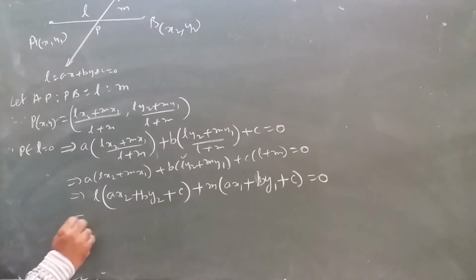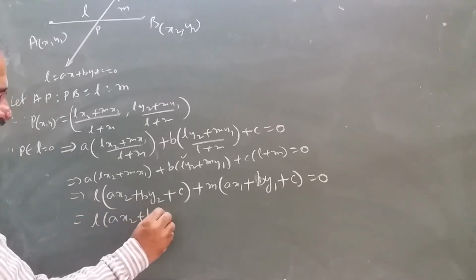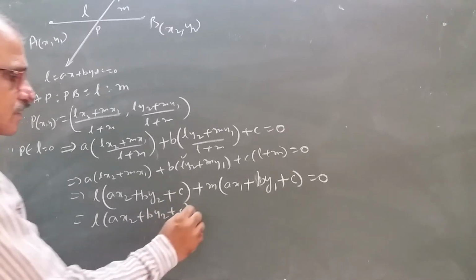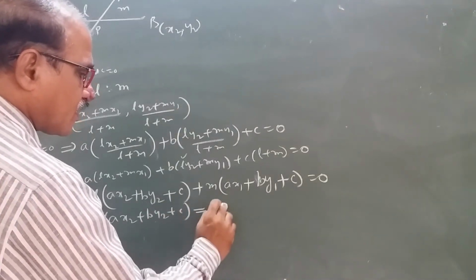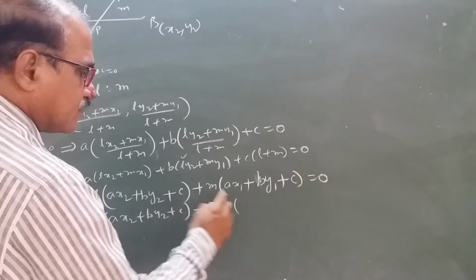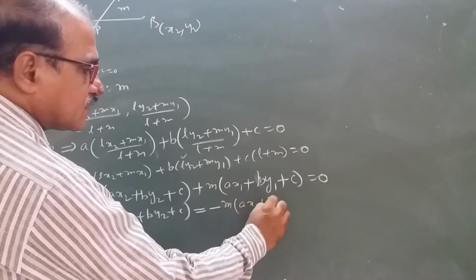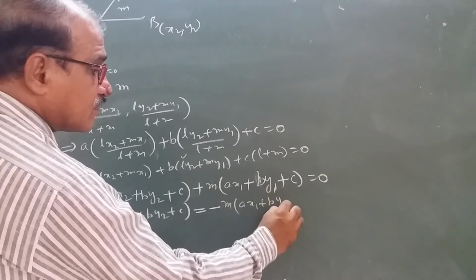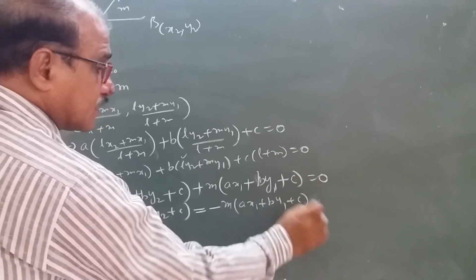That implies L into (Ax2 plus By2 plus C) is equal to minus of M into (Ax1 plus By1 plus C), by bringing this term to the right side.